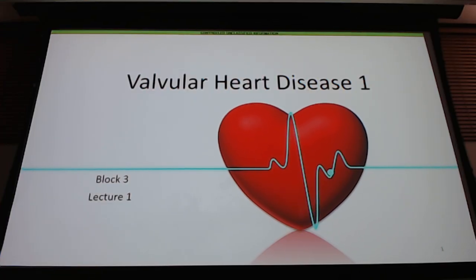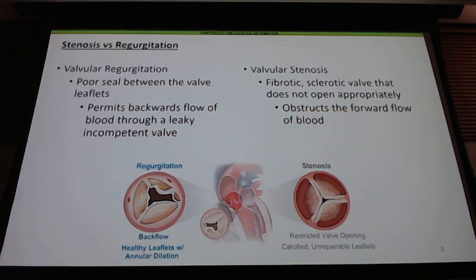All right. So let's start with our review. And our first lecture was talking about valvular heart disease. And it's important to know what makes it a regurgitation and what makes it a stenosis and the murmurs that are associated with it. So regurgitation is due to the valve leaflets not sealing for some reason, and now blood is leaking in the wrong direction.